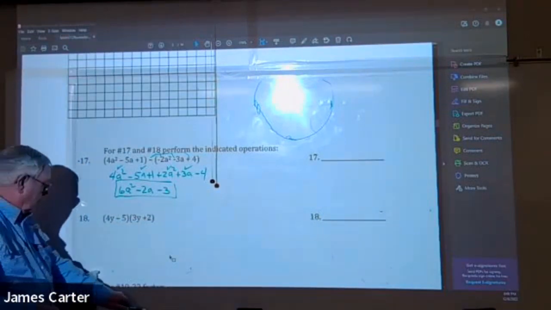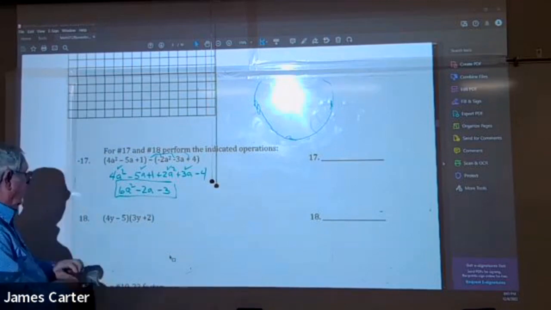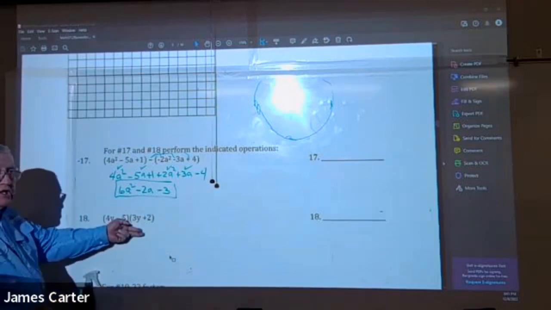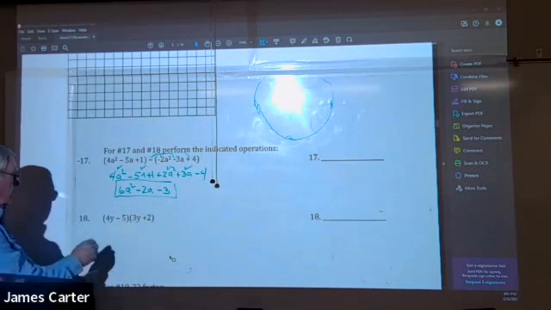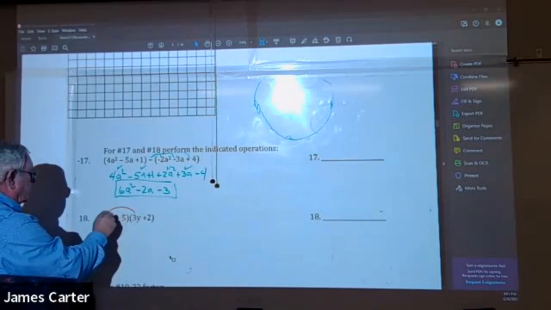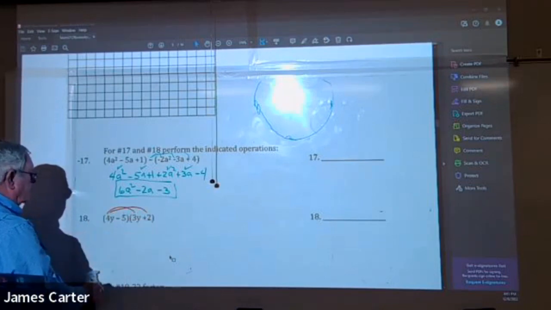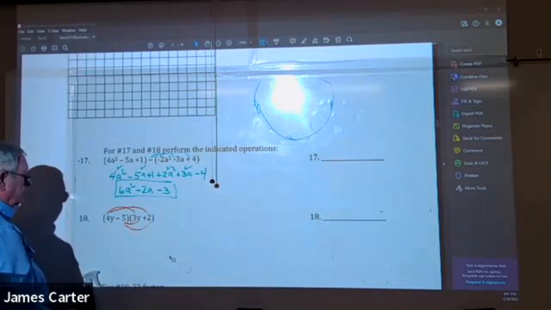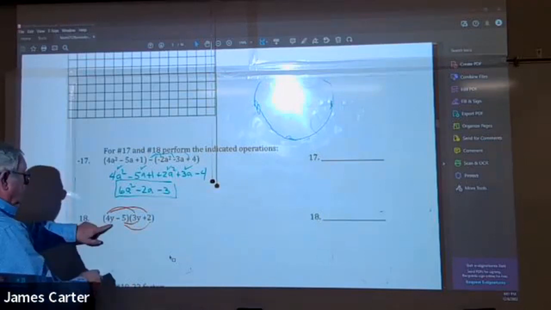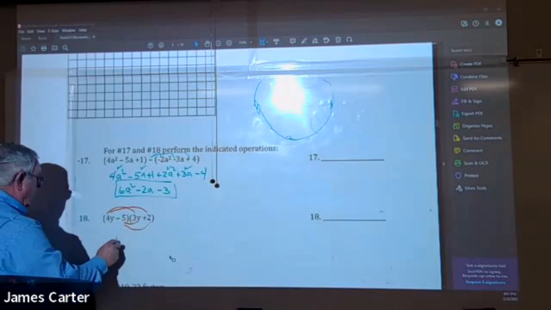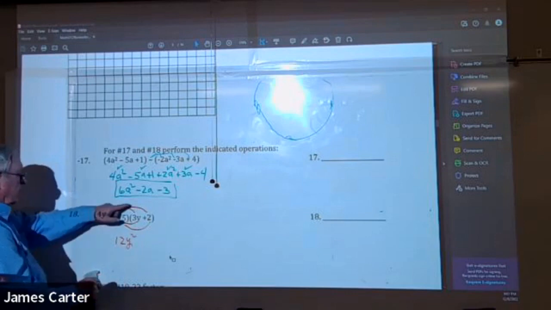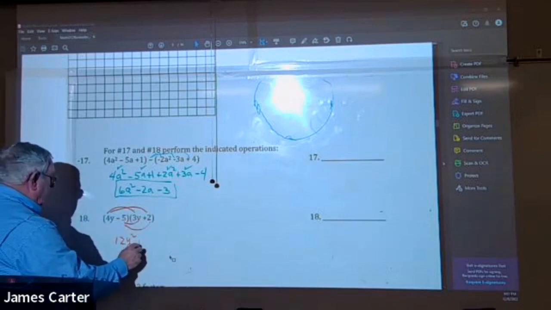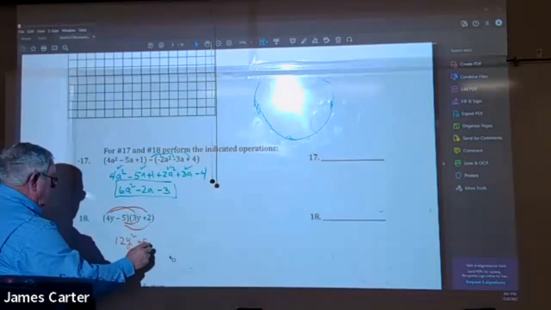Okay, this one is just distribution. I'm going to take this times this and this times that, and that times that and that. So 4y times 3y is 12y squared. Now that one plus 8y.